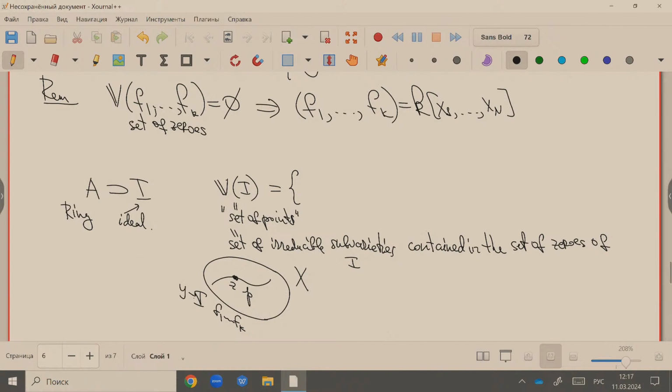This is equivalent to the reverse inclusion: P is an element of the spectrum of A such that P contains I. This is called the set of points.